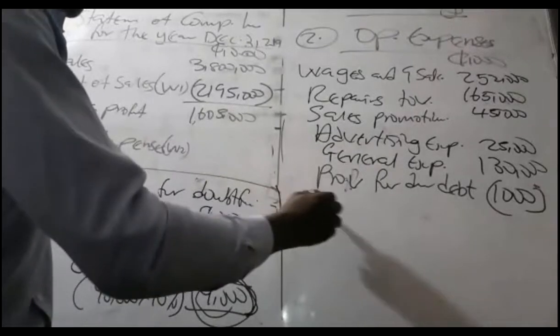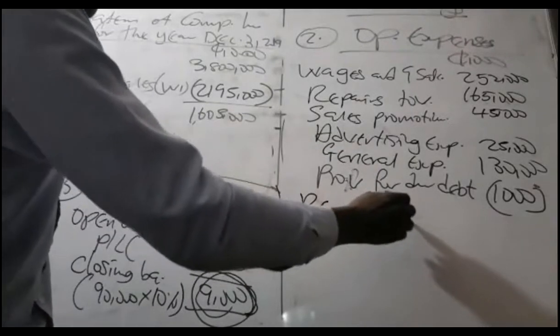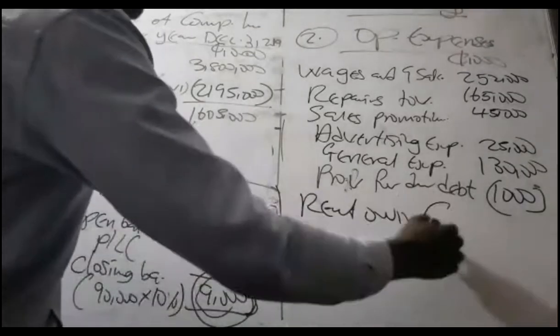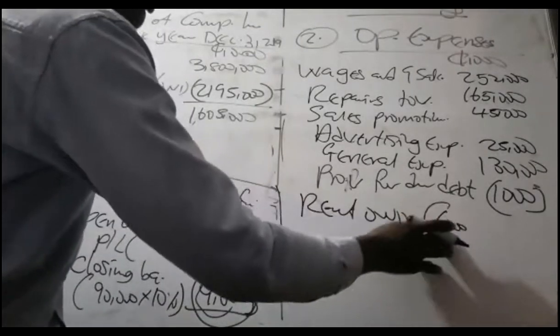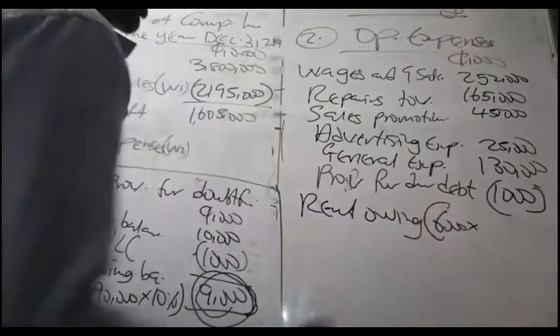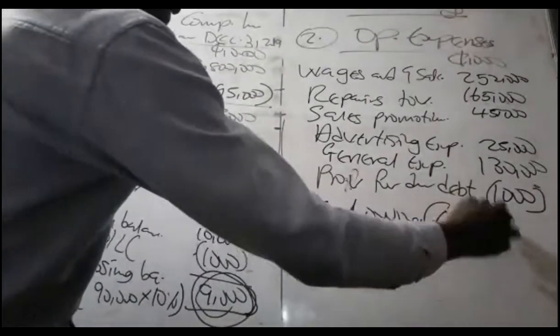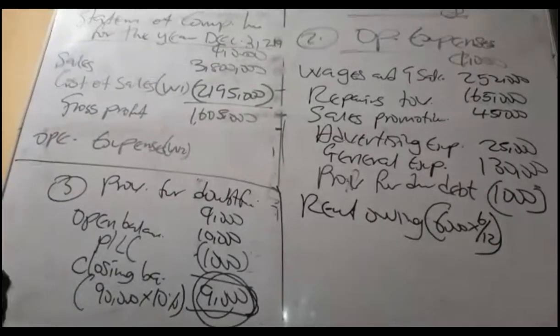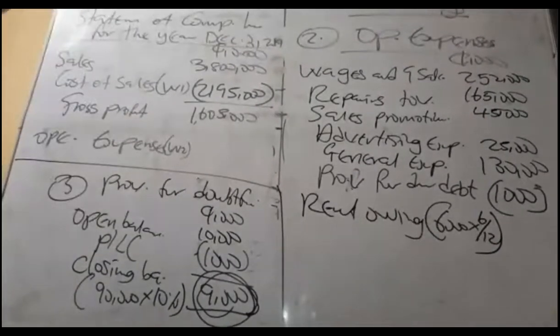Rent owing. Open the brackets. Tell the examiner that 6,000 times 6 out of 12. So that's half of 6,000. Why is it half? Because we signed the agreement exactly.